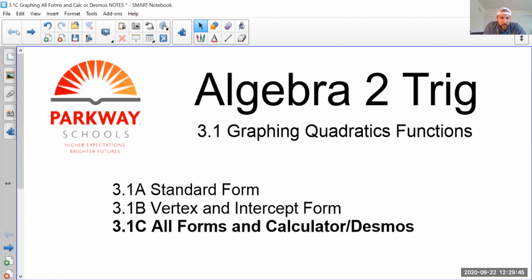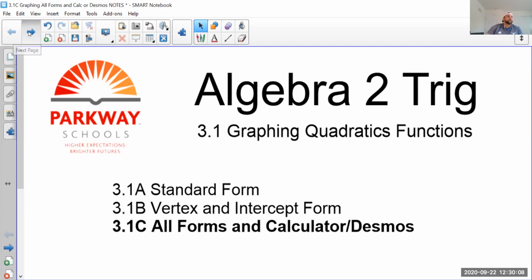I have recommended that you get a calculator. Again, one big reason is for the ACT. When you get to that point, you'll want to know how to use your calculator. If you're good at using your calculator, you will save yourself a lot of time on the ACT when you get to that point.